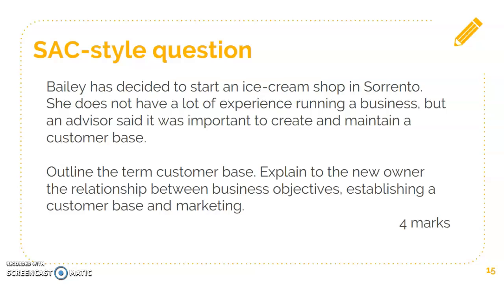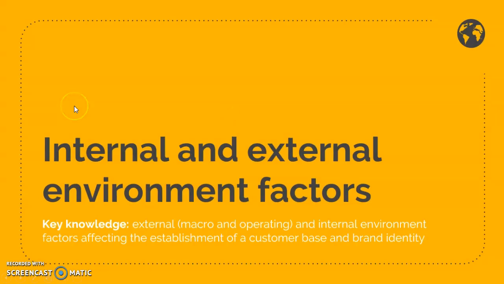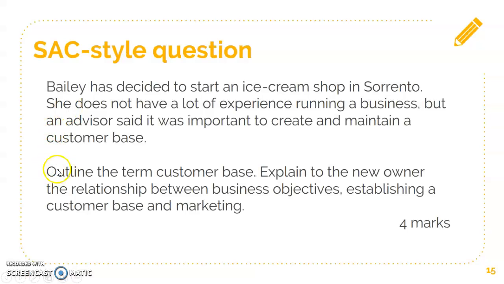She does not have a lot of experience running a business, but an advisor said it was important to create and maintain a customer base. Outline the term customer base, and explain to the new owner the relationship between business objectives, establishing a customer base, and marketing. Now what I want you to do is pay attention to the task words outline and explain. Look at the task words and then answer this question.